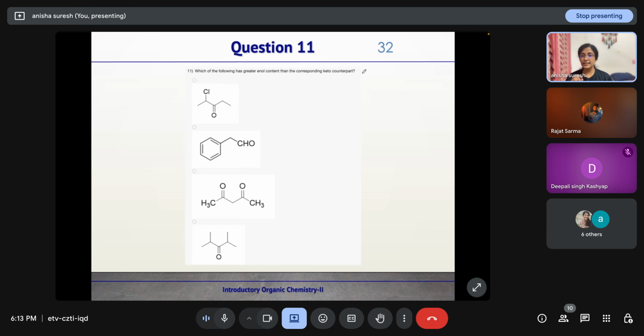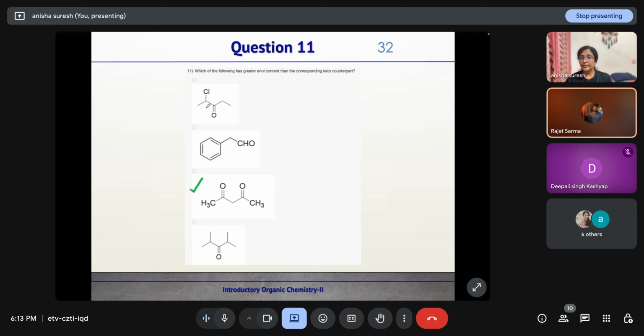So which will have the greater enol content among these given examples? Option C is the right answer.